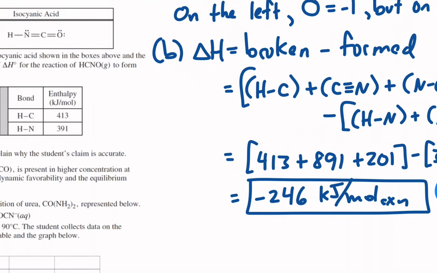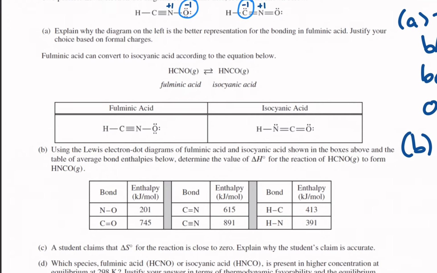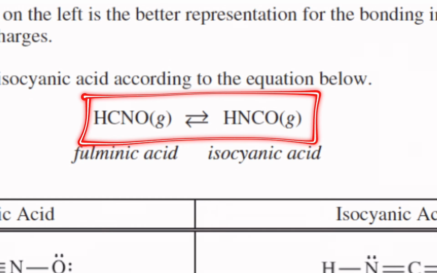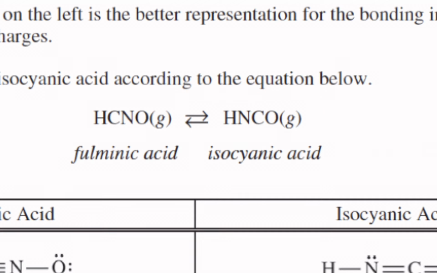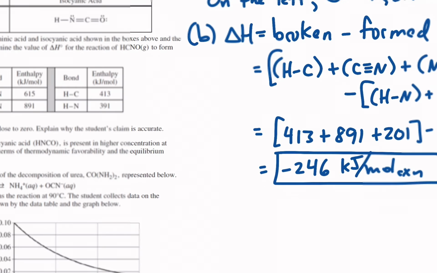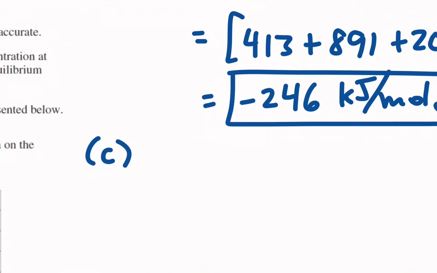Okay, moving on. Part C. A student claims that delta S is 0. Explain why the student's claim is accurate. Looking at a chemical reaction, you can always approximate delta S by looking at the changes in phase. Well, here we have no change in phase, and we don't even have any changes in particles. So we have one gas becoming one gas. So we would guess that delta S for this is actually pretty close to 0. So that student's claim is accurate.